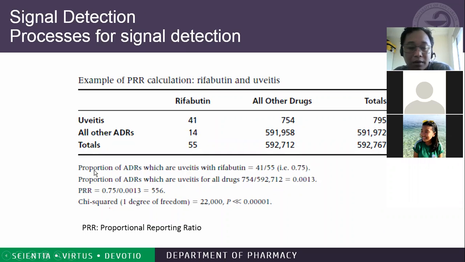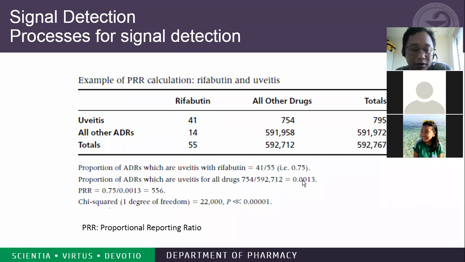The first proportion is the proportion of ADRs which are uveitis with rifabutin. So 41 divided by 55, we have 0.75. And the second one is the proportion of ADRs with uveitis from all other drugs, so 754 divided by 600,000.